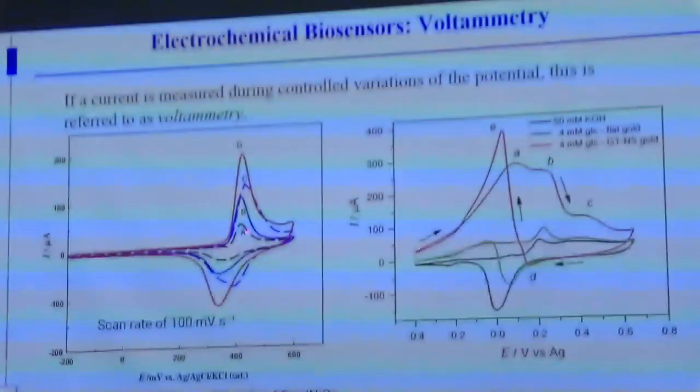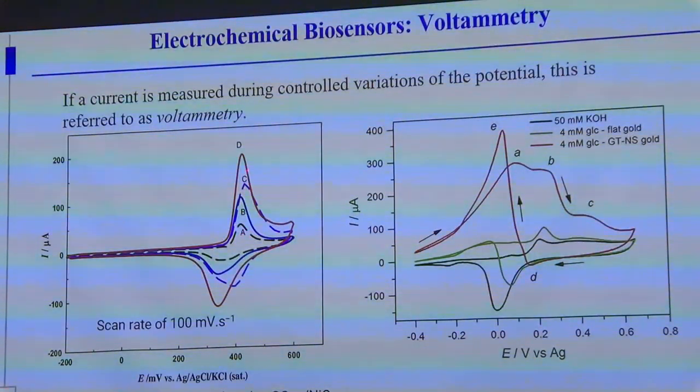This is a simple example with A, B, C, D. Here you add the glucose and the current increases. This is a simple one at 100 millivolt per second scan rate. Here is another example of flat gold and nanostructured gold.